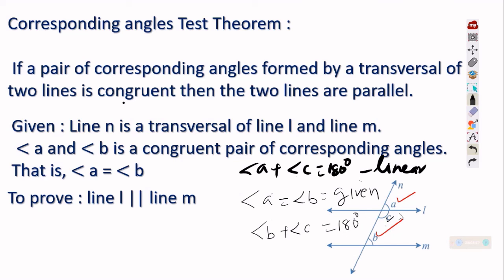It proves that the interior angles have a sum total of 180 degrees. From this we can say that the corresponding angles are congruent and the line L is parallel to M. So this way we can test whether the given lines are parallel to each other by testing whether their corresponding angles are congruent.